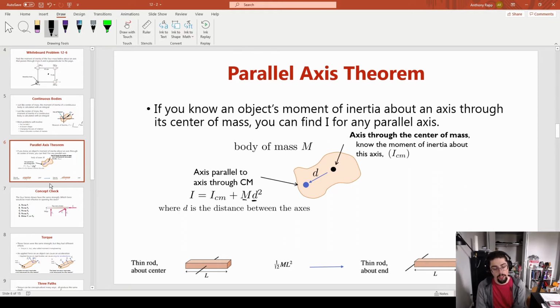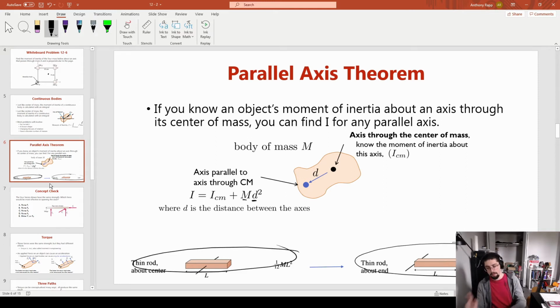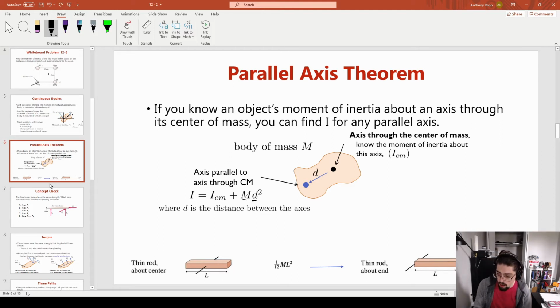So we can take this example, right? We are given both of these quantities down here already on a table, but let's prove that the whole thing works. If a rod stabbed through the center was spinning around and has a moment of inertia of 1/12 ML squared, I would take my 1/12 ML squared and add to it the total mass times the distance away from the center of mass.